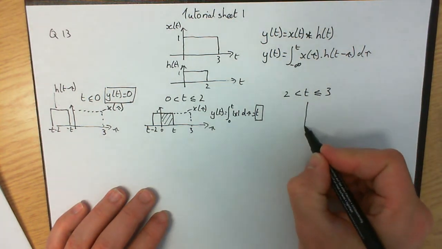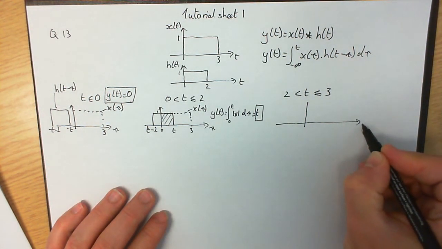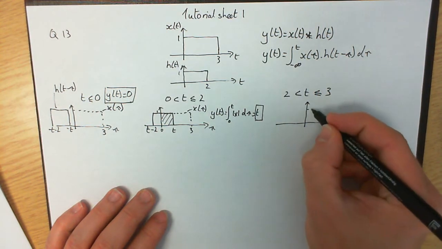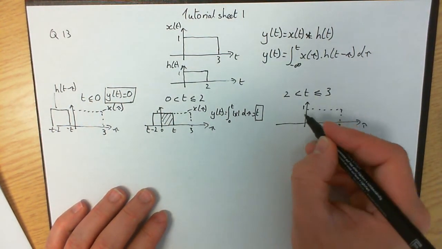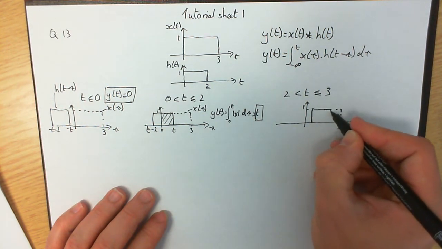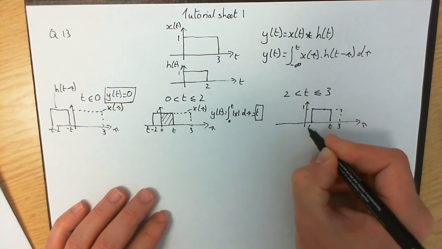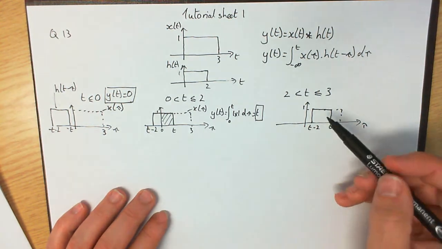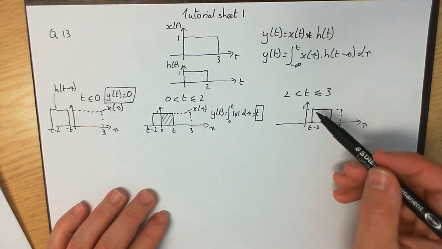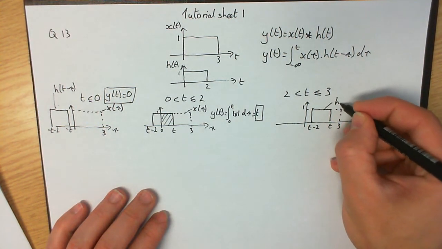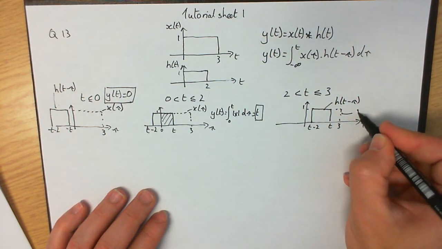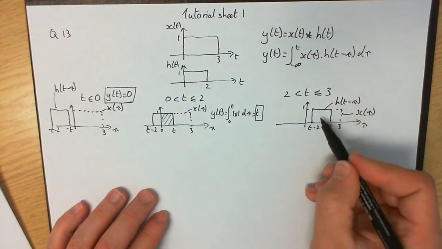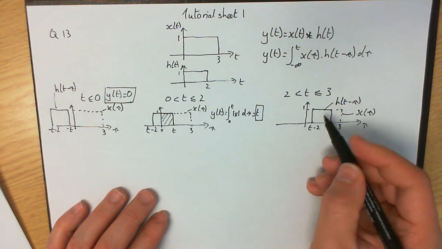If we plot a graph of what that looks like, in this case, our h of t minus tau is completely inside x of tau.